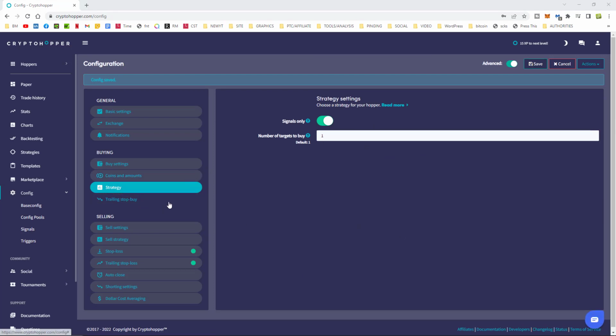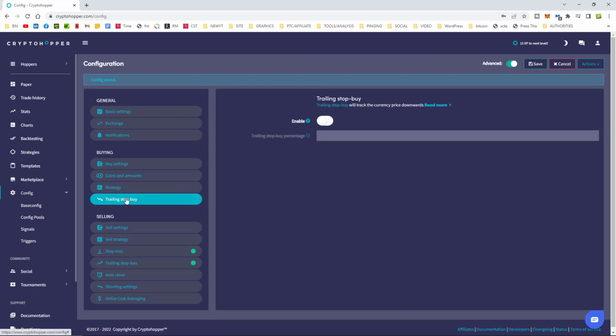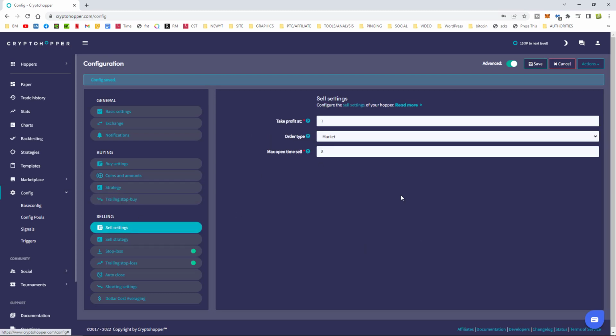Now we're going to go down through the other options. In trailing stop buy we don't need anything in there, so that should be switched off. In sell settings, we can put a nice big number in there because you never know. I want to show you what would happen if we put 3 in there.